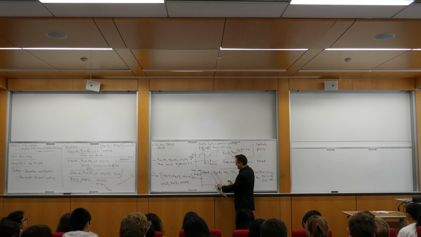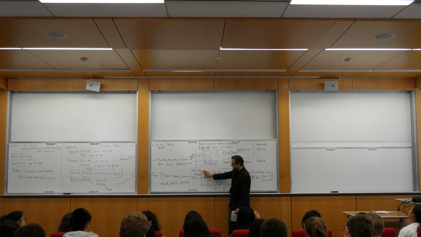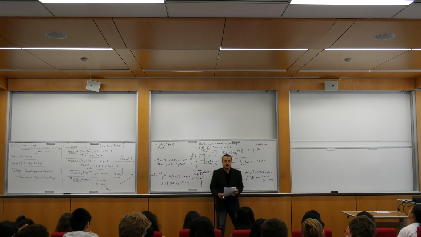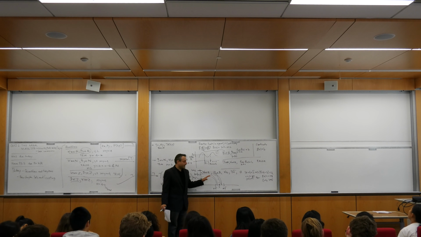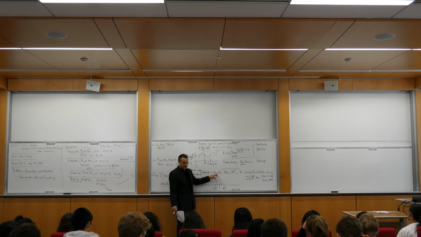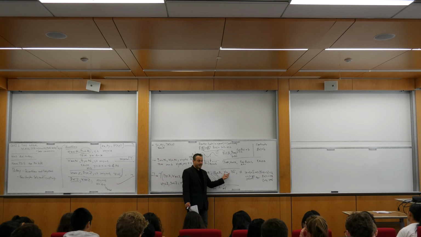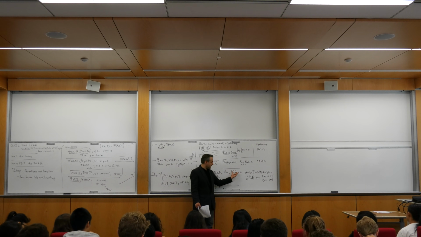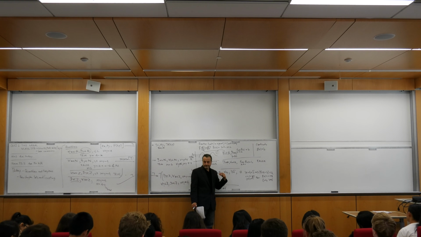In other words, there is some small interval around A so that all the values f of x go in that interval that somebody chooses around B. So the order of quantifiers here is critical. For every epsilon around B, there is a delta around A, such that the function maps that interval into the interval around B.